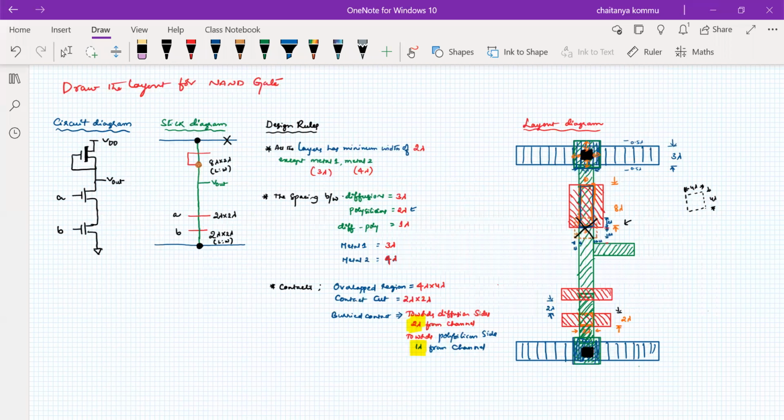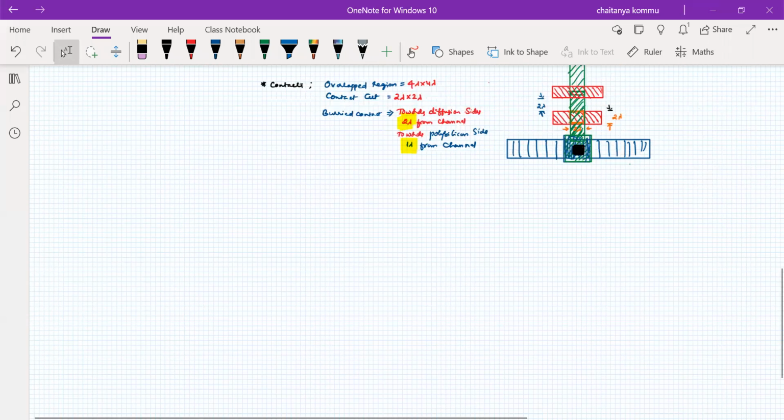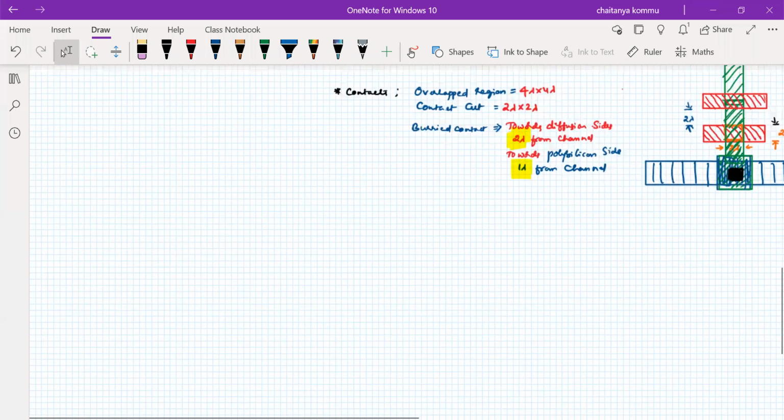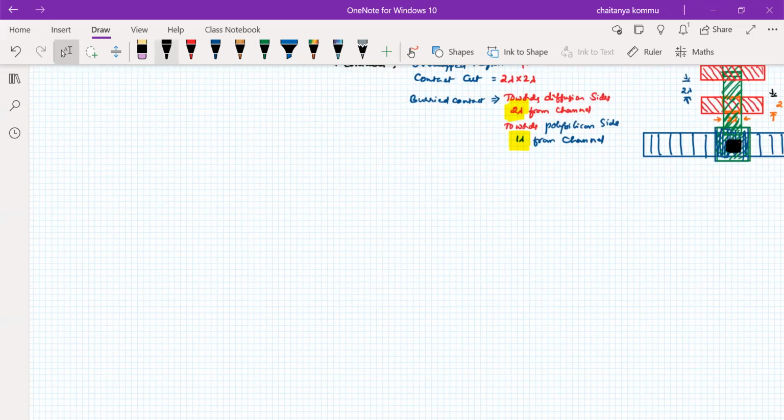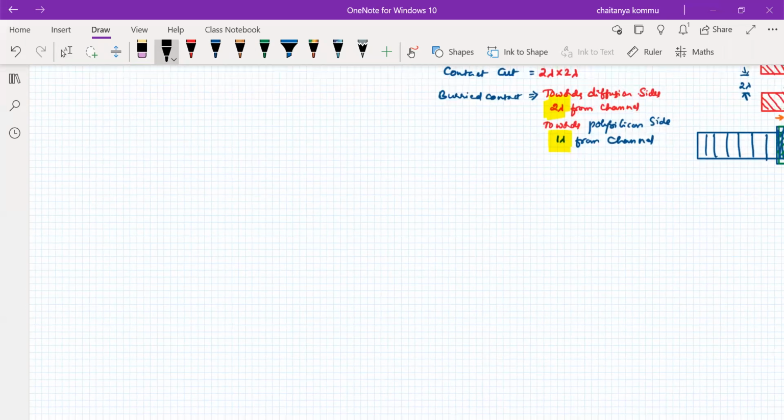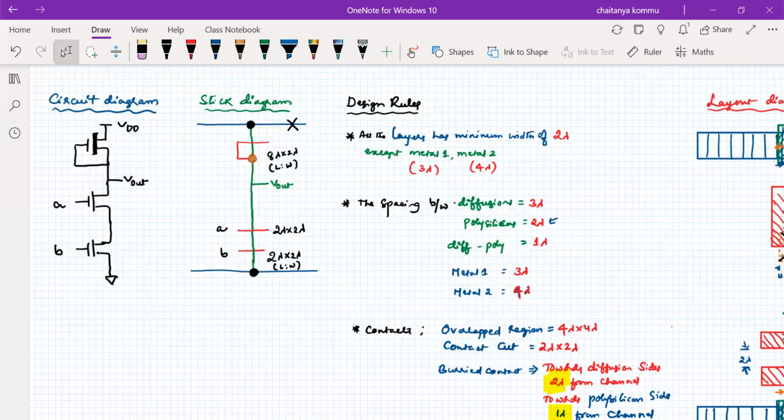Okay, now shall we draw the layout for CMOS inverter? Let us draw the layout diagram for CMOS inverter. So what is the scenario that we have to follow here?